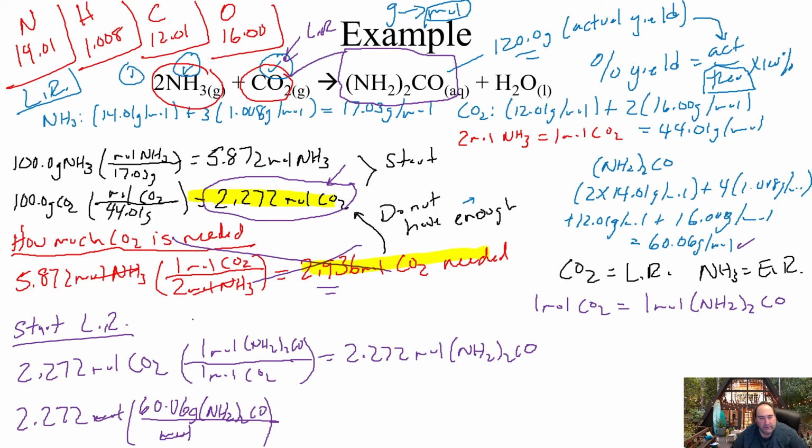Moles will cancel, going to get us here then 2.272 times 6006. That's 136.5 grams of our product. And this would be our theoretical yield.